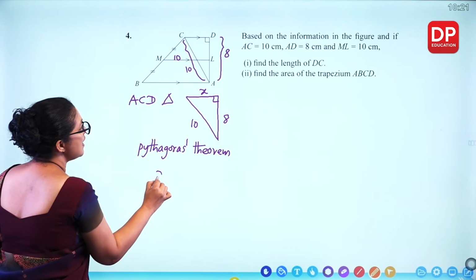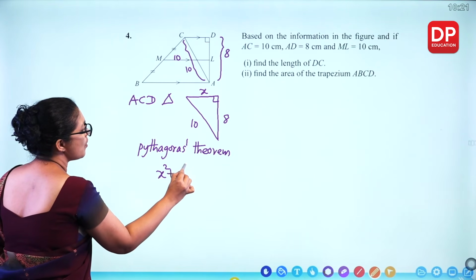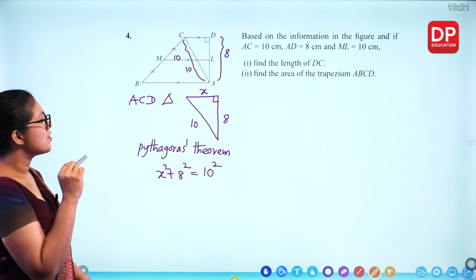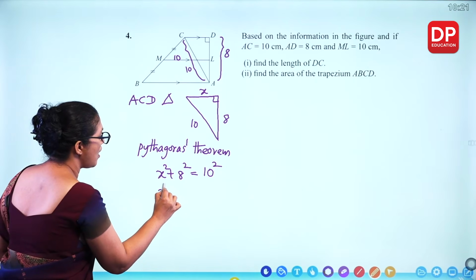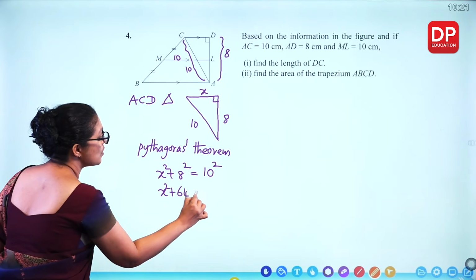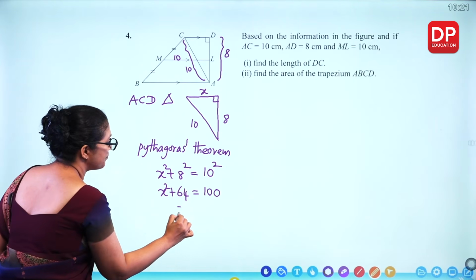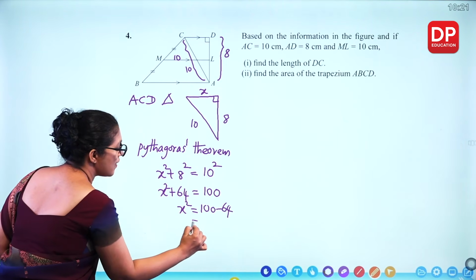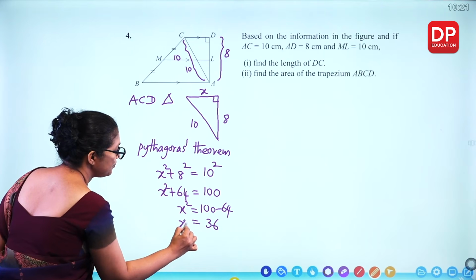According to Pythagoras theorem, we can say x squared plus 8 squared is equal to hypotenuse squared, that's 10 squared. So x squared plus 64 is equal to 100. So x squared becomes 100 minus 64, that's 36.